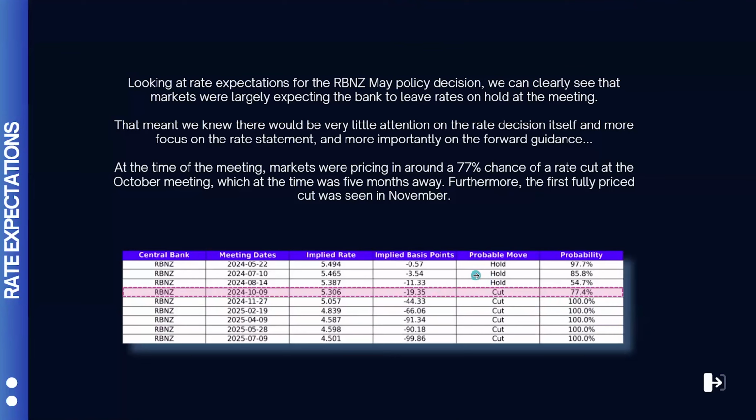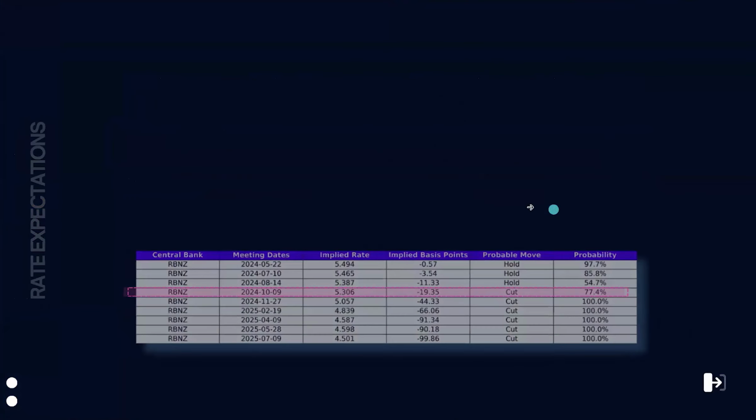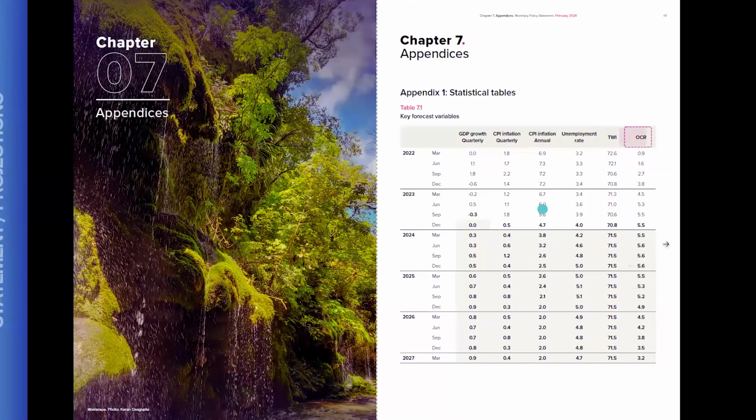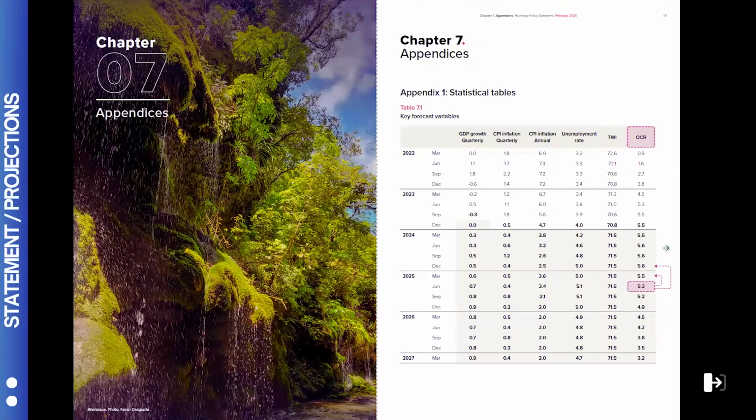Now, this was because markets were expecting the bank to bring forward their rate cut expectations in their OCR projections by a whole quarter, and in some cases a whole 2 quarters. So at their February decision, the RBNZ signaled that they projected the first possible cut to only happen in the second quarter of 2025.